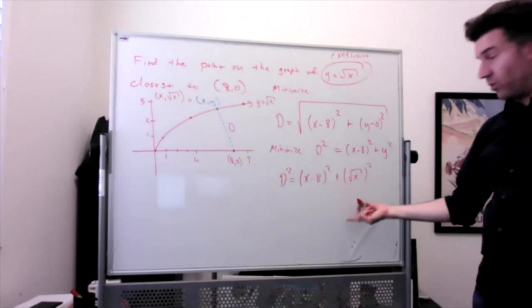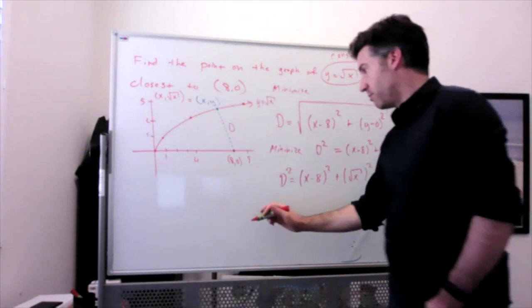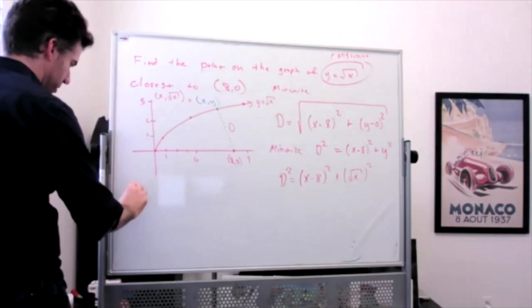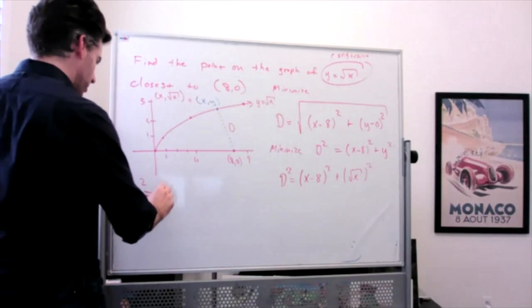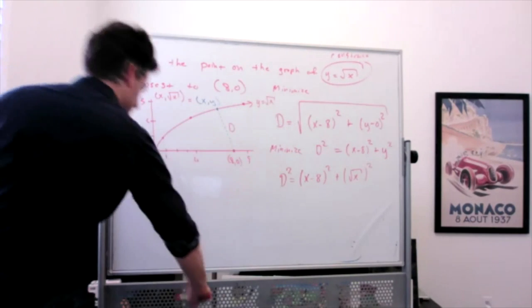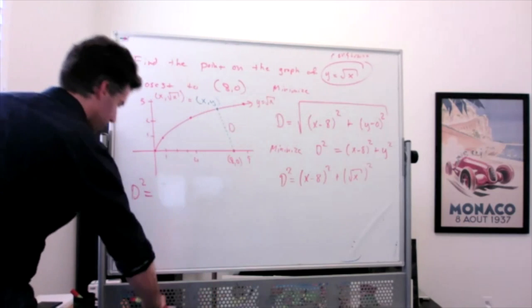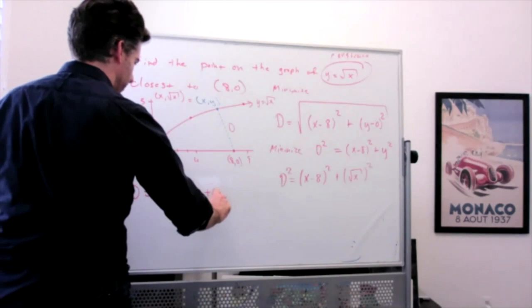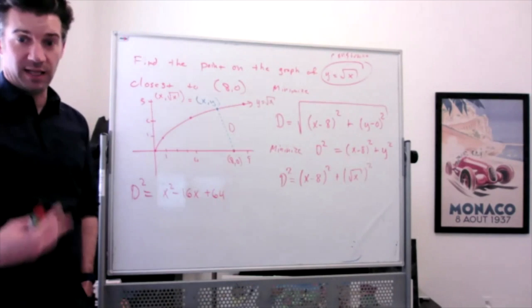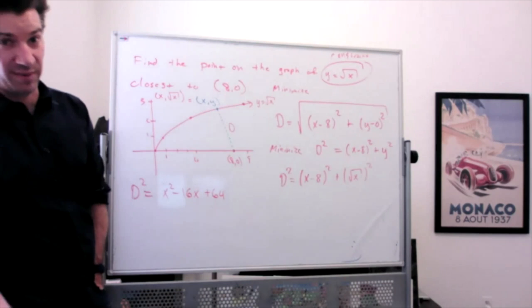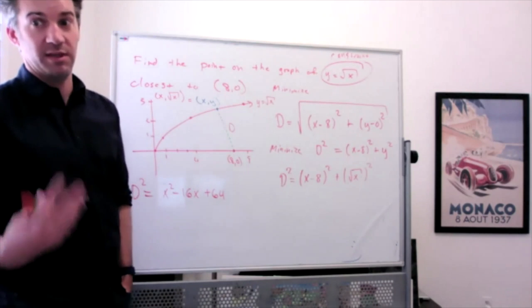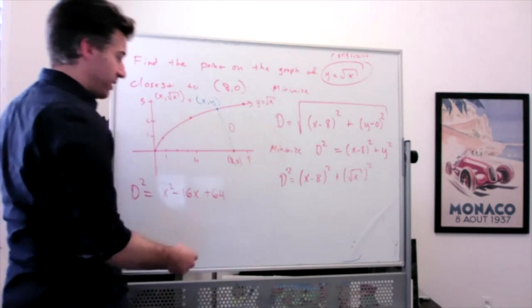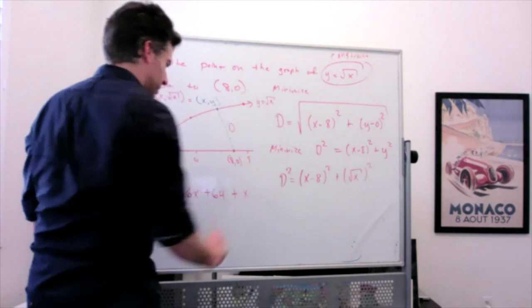And now, I should simplify it a little bit. My distance squared is equal to, I'm going to multiply that out, x squared minus 16x plus 64. I'm foiling it out. I'm getting x times x, x times negative 8, negative 8 times x, and negative 8 times negative 8. And then the square root of x squared is just x.